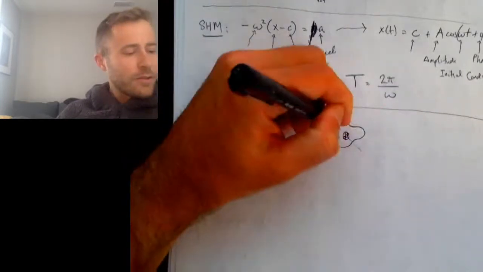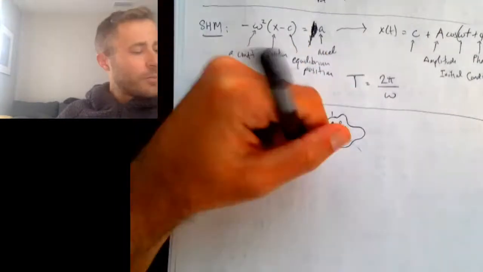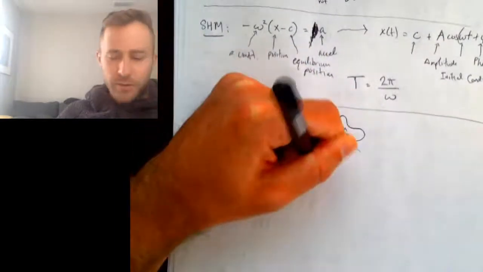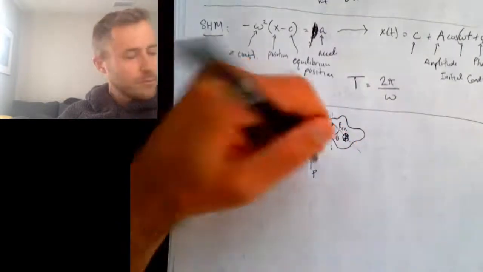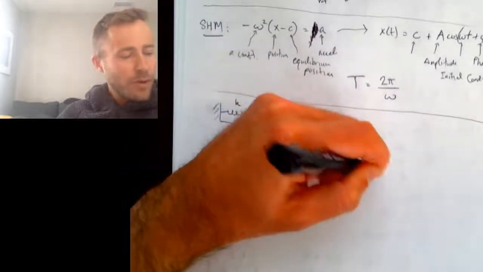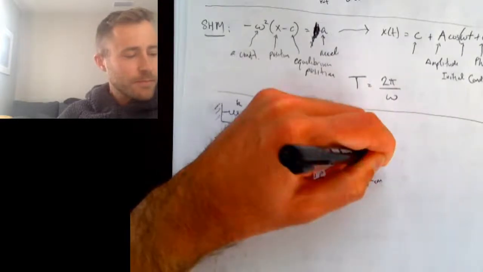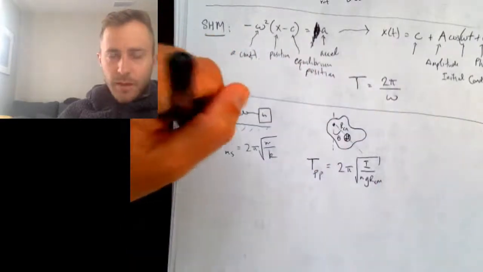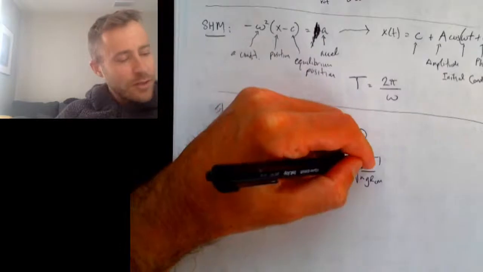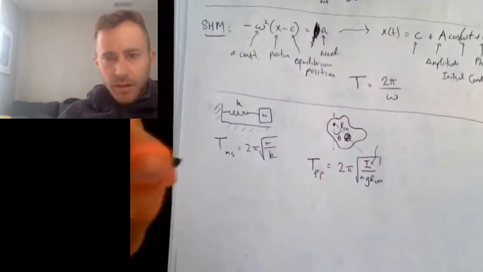This length is R_CM. And so the period of a physical pendulum is 2 pi square root of I over m g R_CM, where I is the inertia about the pivot point, not about the center of mass.